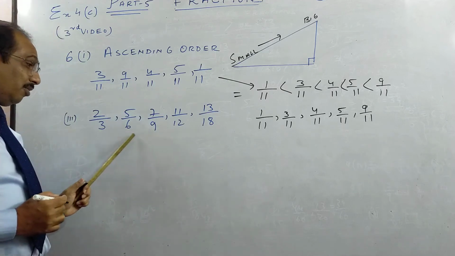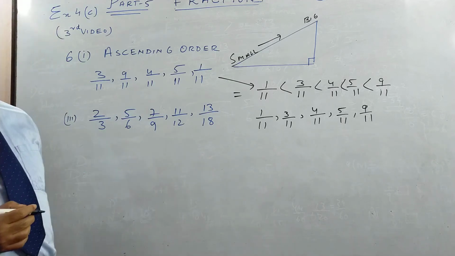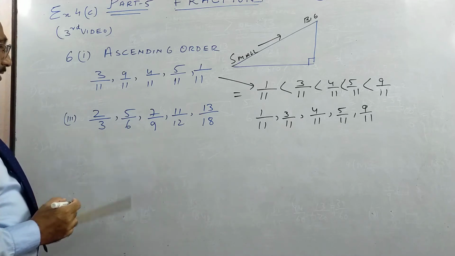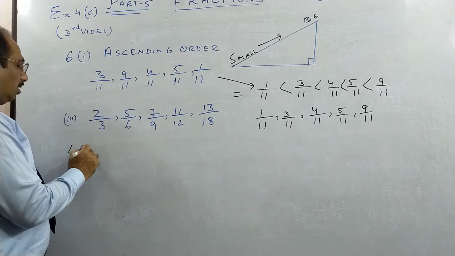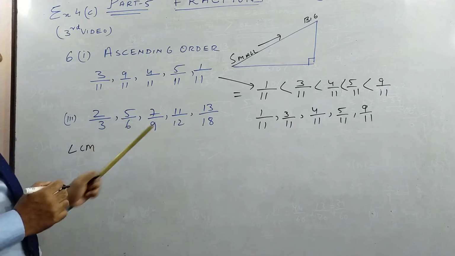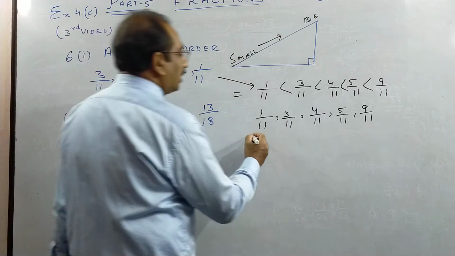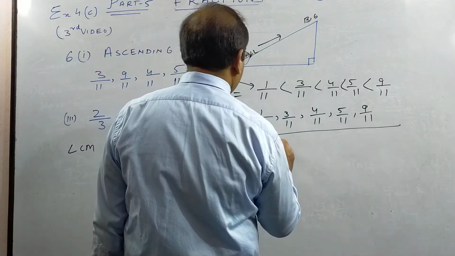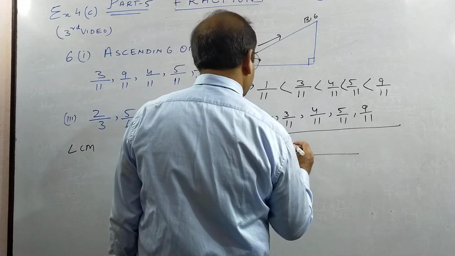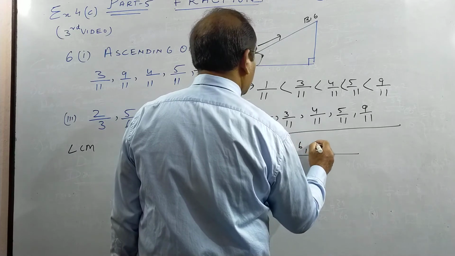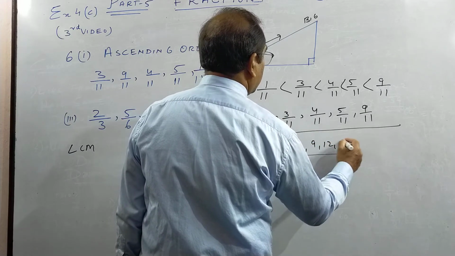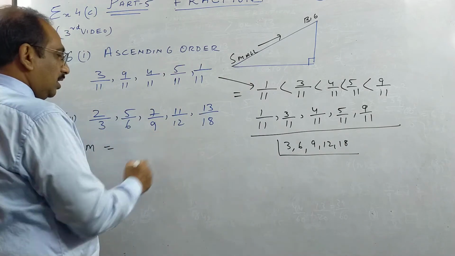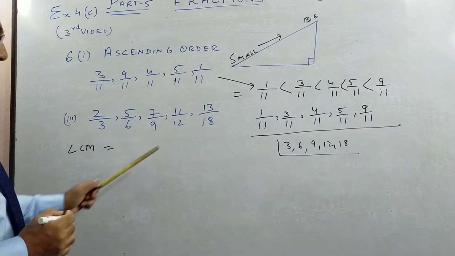But here we have different denominators. So first we have to convert them into like fractions. For that, as I told you in my previous video, find the LCM of 3, 6, 9, 12 and 18. I have done a very similar sum there, and I told you the shortcut trick also.